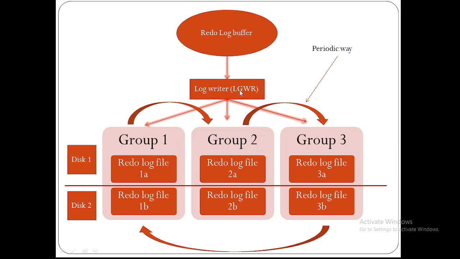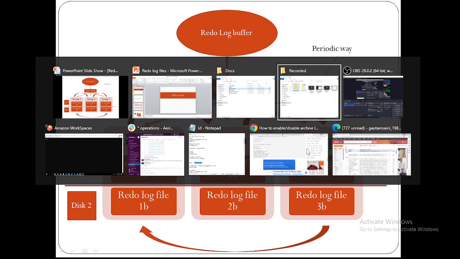When this is full, then the log writer moves to the next and writes the transactions of the redo log buffer to this, and then when this is also full, it moves back to group 1, and this process continues in a periodic way, so that we know what the next redo log file to be written is.